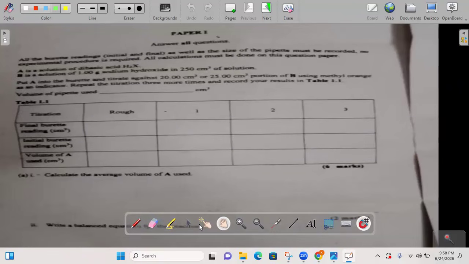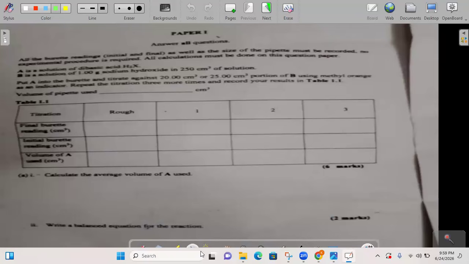So the question says that A is a solution of a dibasic acid, H2X. B is a solution of 1.00 grams sodium hydroxide in 250 cm cube. Put A into a burette and titrate against 25 cm cube portion of B using methyl orange as an indicator. Repeat the titration 3 times and record your results.